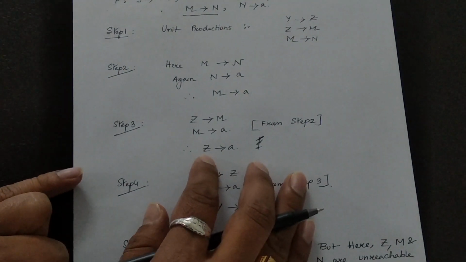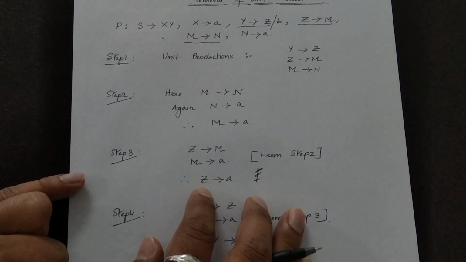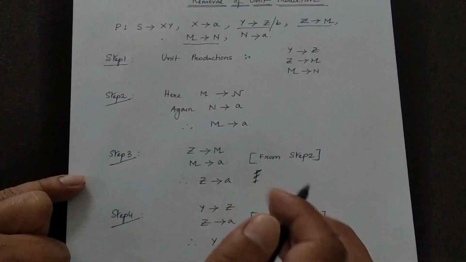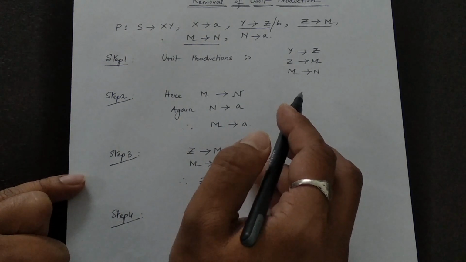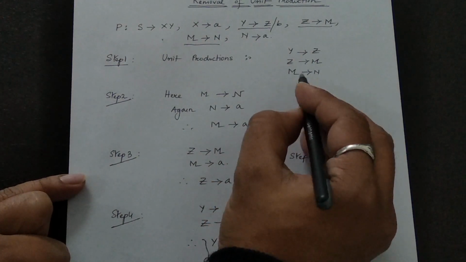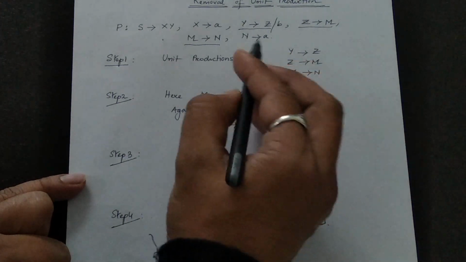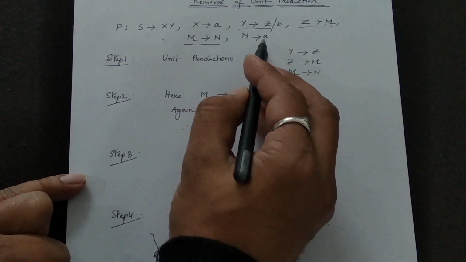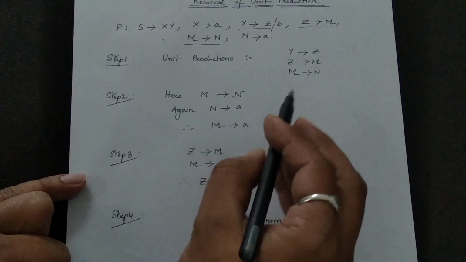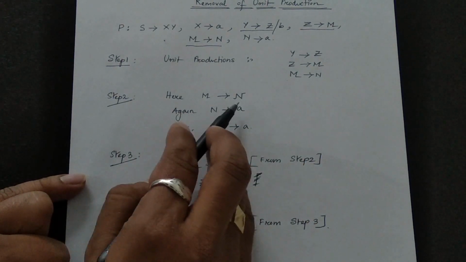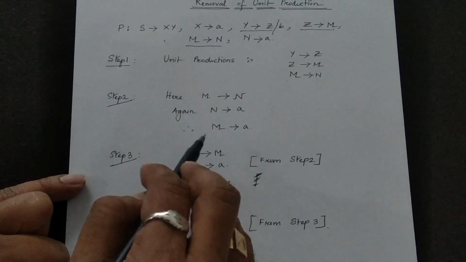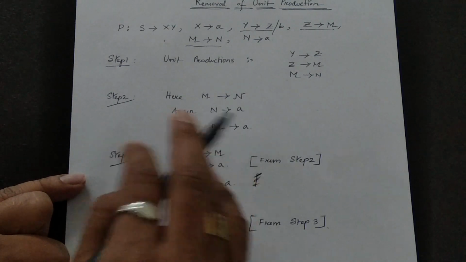In step 2, you have to apply the transitivity process. How? First, I have checked. There you have to apply your logic. Now, I will be directly jumping in with this one. M tends to N. Here I have found out that N tends to small letter A. So I can write down that M tends to capital letter N tends to small letter A, therefore M tends to A. Clear?